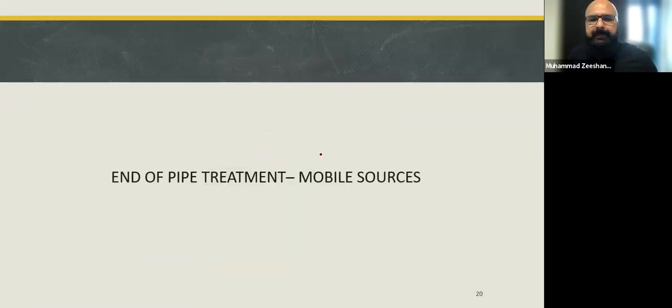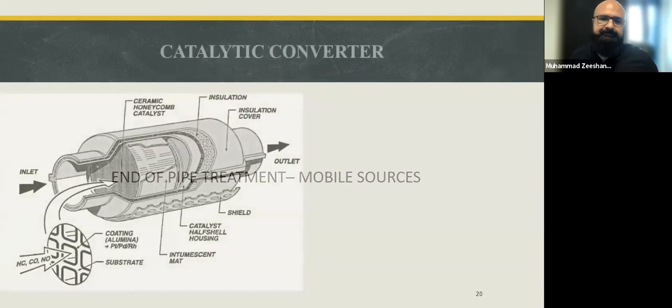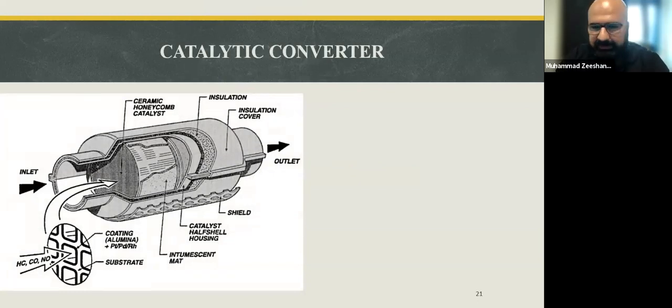If we look at the end of pipe treatments for mobile sources, one very commonly used technique is the catalytic converter. You must have read it written on some cars that this has got a catalytic converter. Now we have combustion in the vehicle engine.